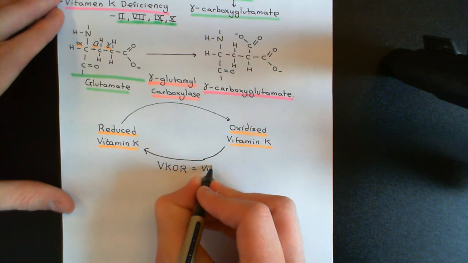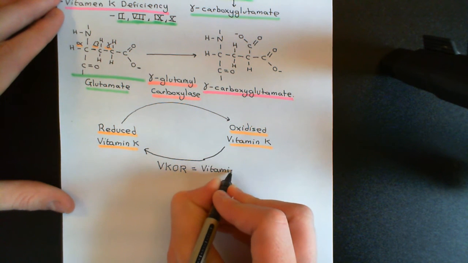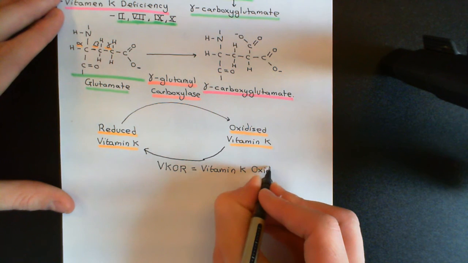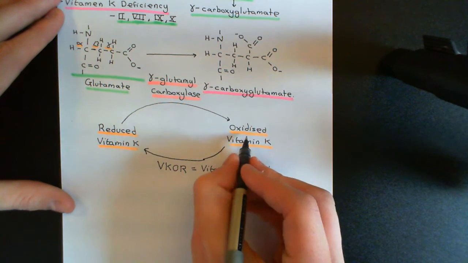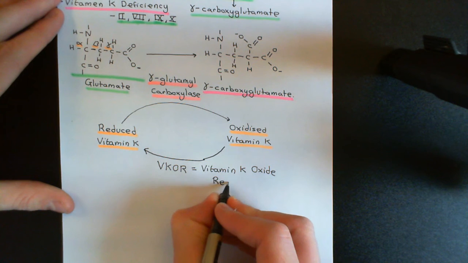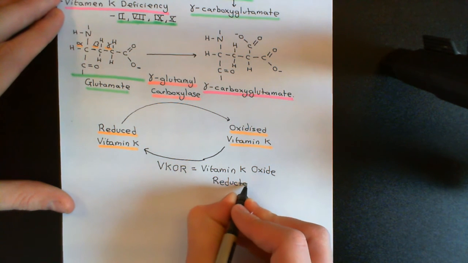So this is vitamin, that's the V, and then K is for K, and then it's oxide, pertaining obviously just to the oxidized form of vitamin K, and then it's reductase because it's going to return it to the reduced form.